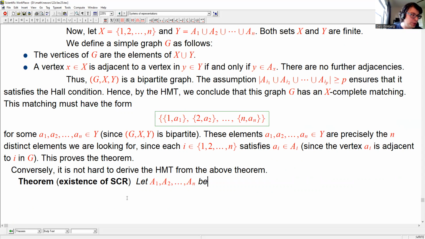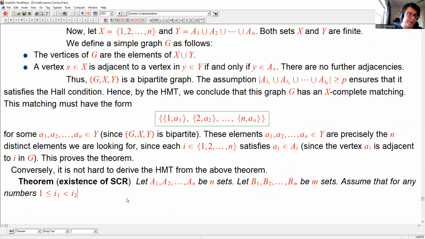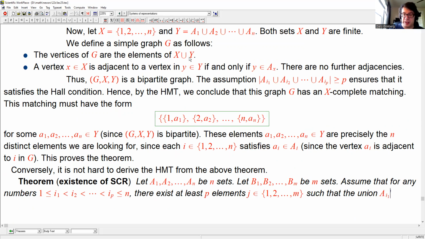Let A_1 up to A_n be n sets. Let B_1 up to B_m be sets. We are not even requiring the same number. Assume that for any choice of numbers i_1 less than i_2 less than ... less than i_p less or equal to n, there exist at least p elements j such that the union A_{i_1} union A_{i_2} and so on union A_{i_p} has non-empty intersection with B_j.